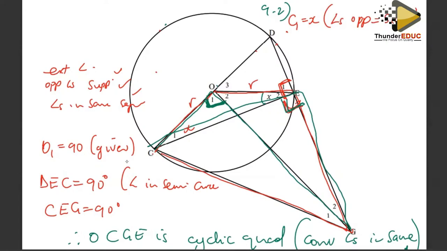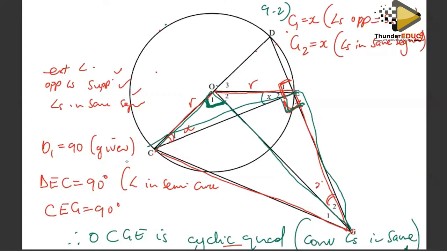If C1 is x, remember we've just proved that this is a cyclic quad, so the bow tie will still hold, meaning that this G2 is also going to be x. Angles in the same segment or angles subtended by the same chord.